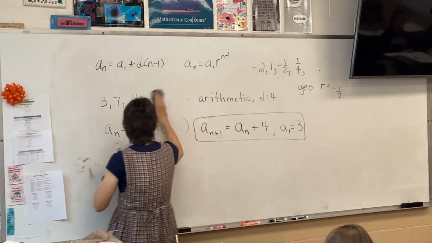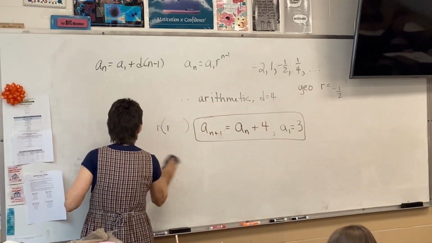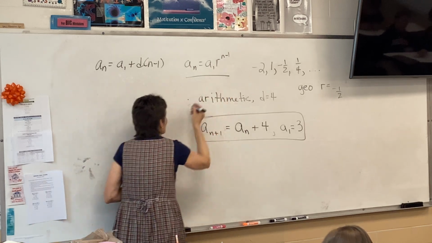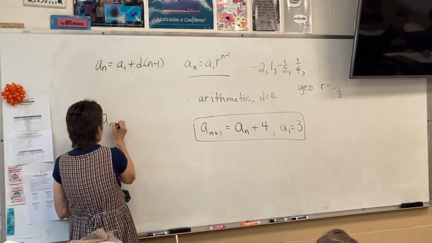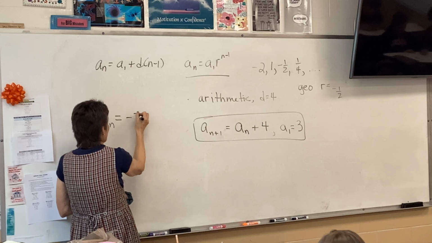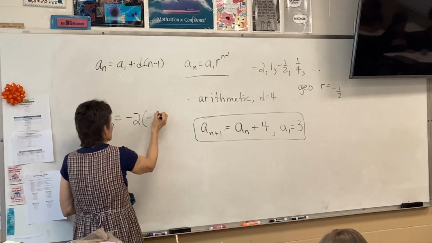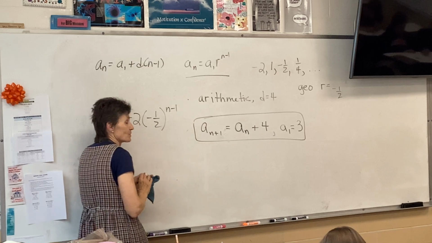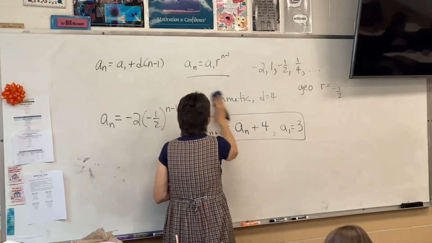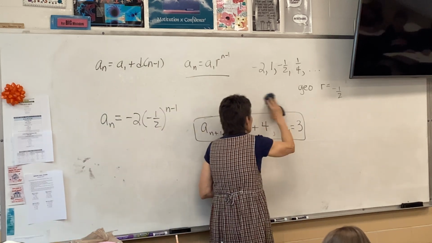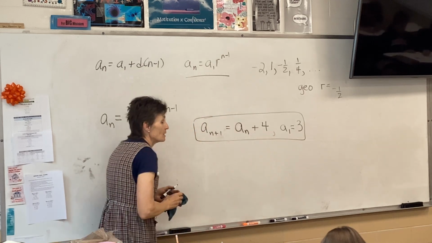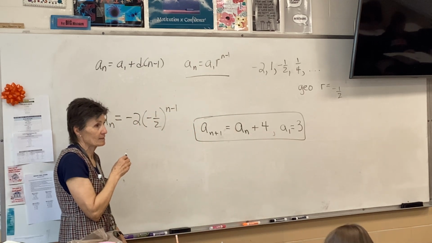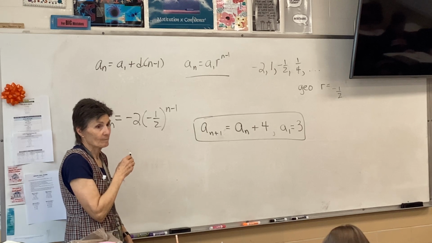To do my explicit formula this time, I'm going to use the geometric one. So a sub n equals negative 2 times negative 1/2 to the n minus 1. There is no simplifying. Don't do anything to that. That is your answer.